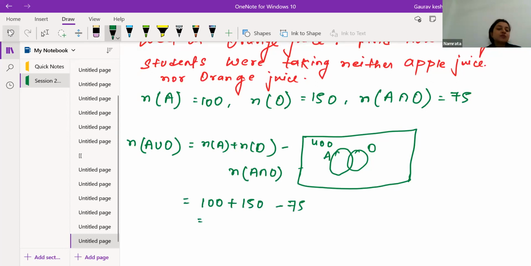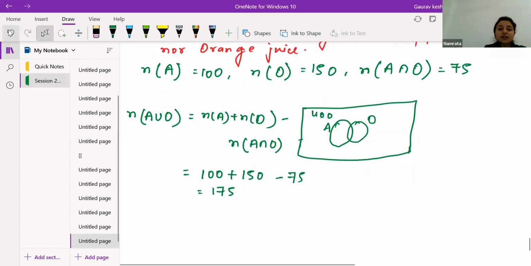Can you tell me what we will get after the calculation? We will get 175. So total 175 students like either apple or orange.